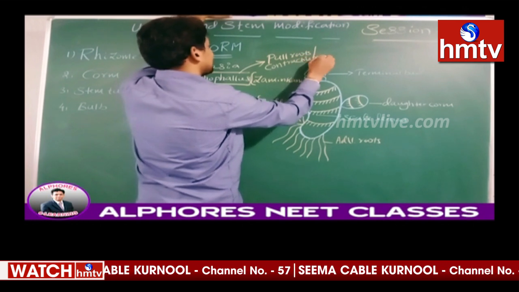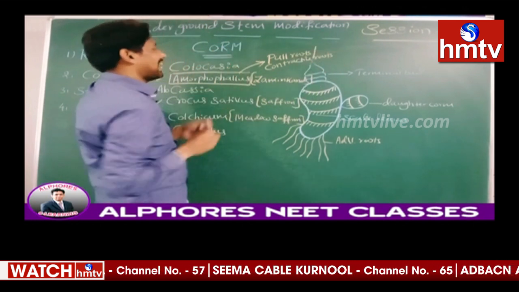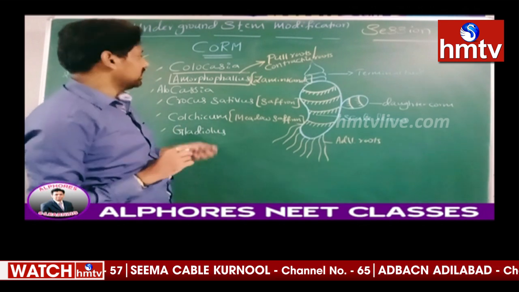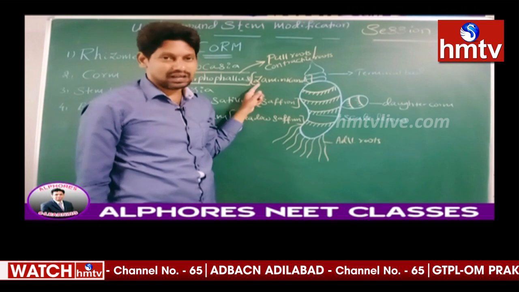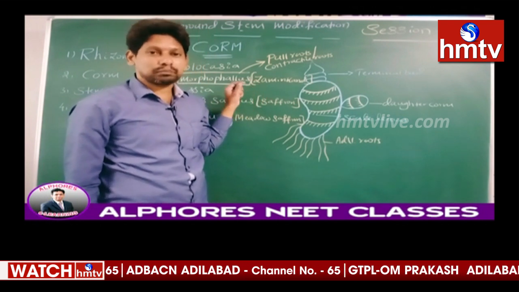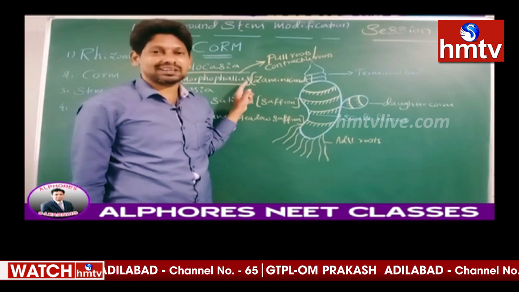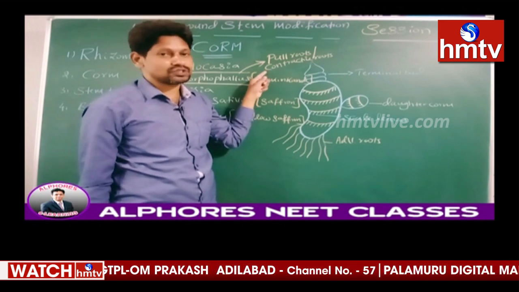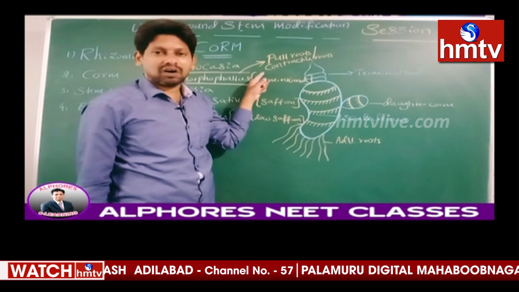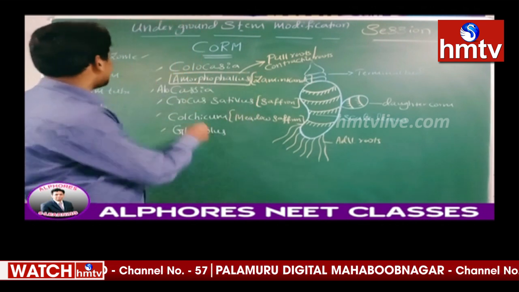Therefore, in Amorphophallus, that is in zameen khand, the corm is placed at a particular depth in the soil with the help of pull roots or contractile roots. With this, we completed the corm.